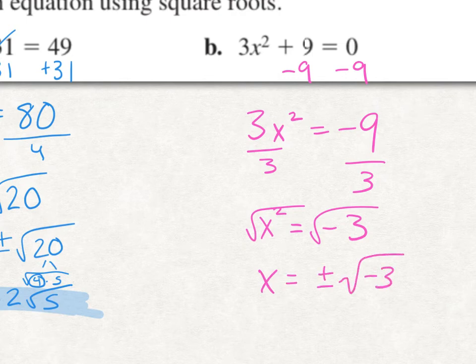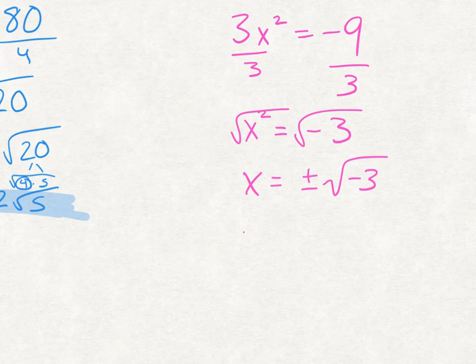Can we simplify this? What does it simplify to? What happens when we have a negative under the square root? Not a positive. We just did this in 3.2.